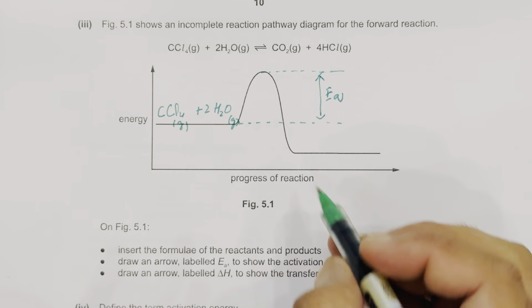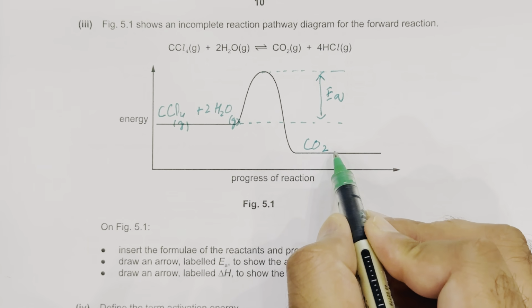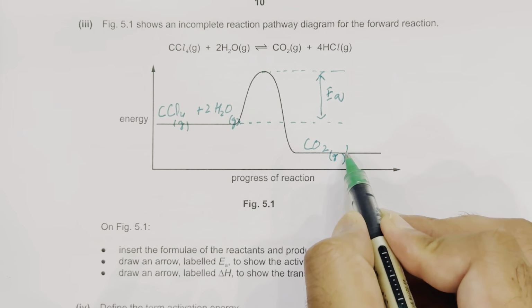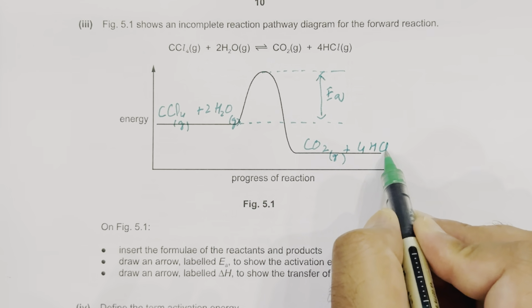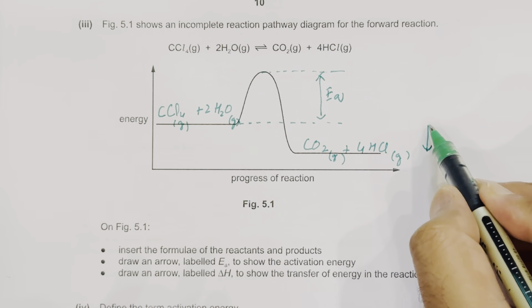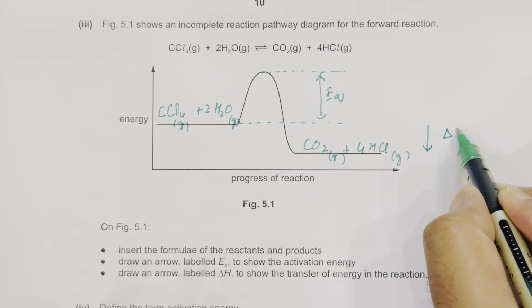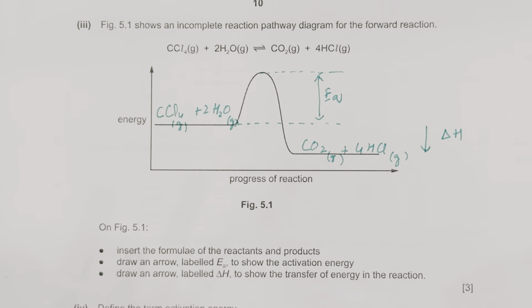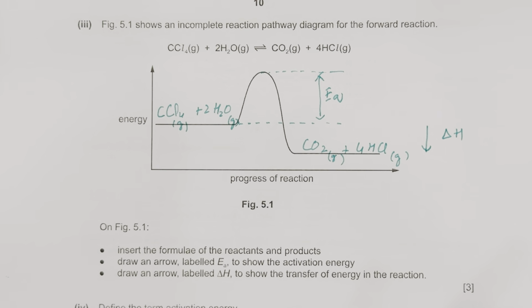It will produce CO2 in the gaseous form plus 4HCl in the gaseous form as well, and this part would be called delta H.